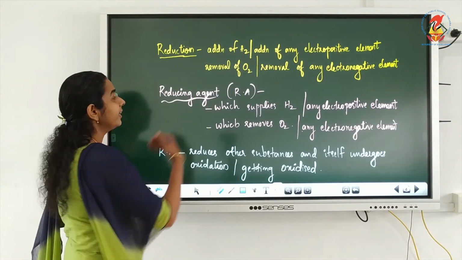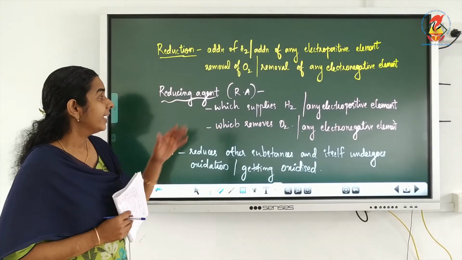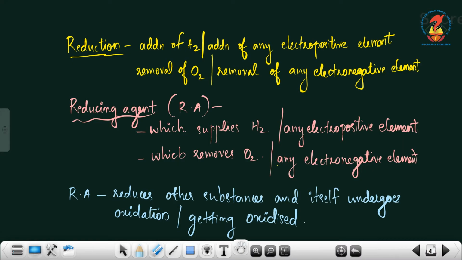So how can we define a reducing agent? One which supplies hydrogen, because addition of hydrogen is reduction, can be called a reducing agent. Addition of an electropositive element or any metal is reduction, so which supplies this electropositive metal or element will be acting as reducing agent.